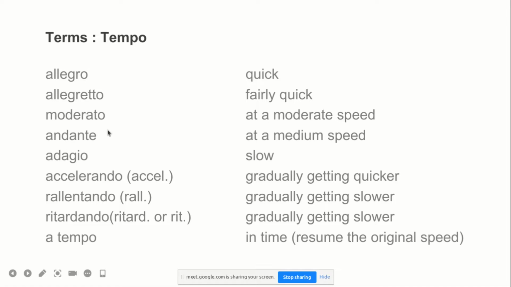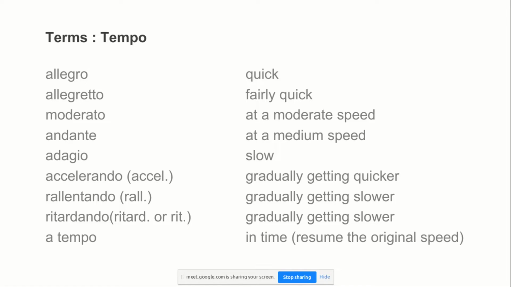Then we have andante. Andante, usually in the past we said it means at a walking pace. But another way you would say is at a medium speed. Medium means not fast, not very slow, not slow, medium speed.